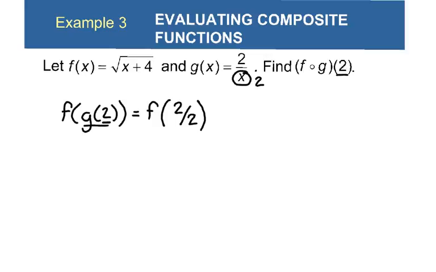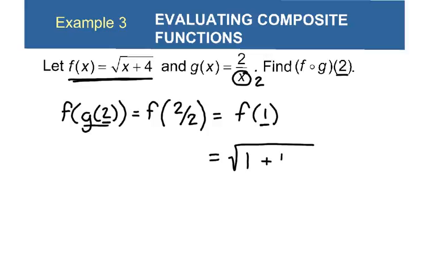Okay, so if we simplify that, it is f of 1. So now this is my new x value that I'm going to plug into my f of x function. So that gives us f of 1, we're going to replace x with 1, so square root of 1 plus 4, which equals the square root of 5. And we're done. So, not so bad, I don't think, at this point.